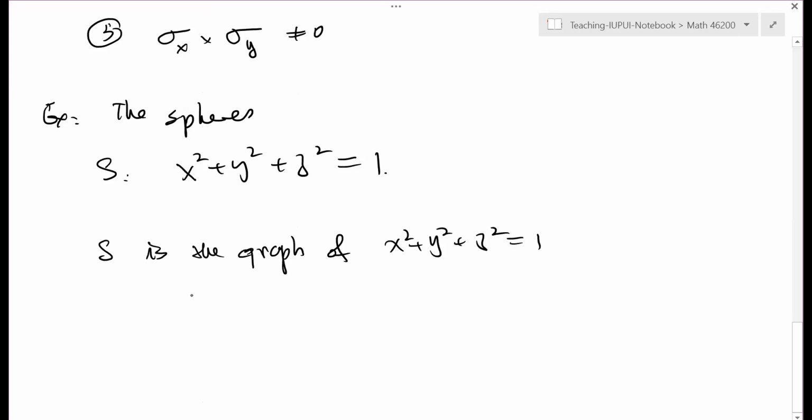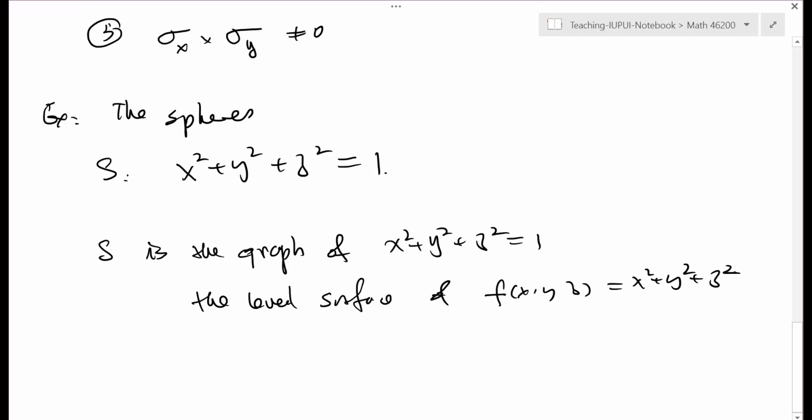Or you can also view this as a level surface of a function of 3 variables. Set f to be 1, then you get the level surface.